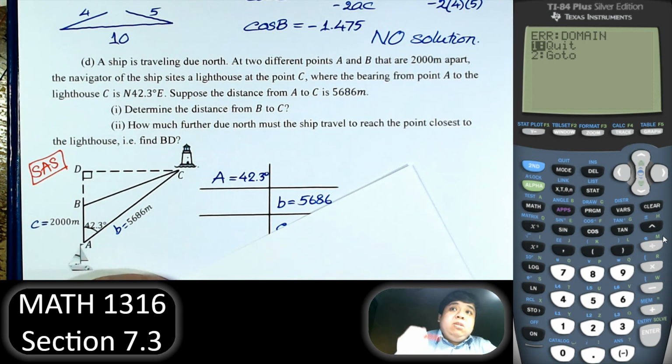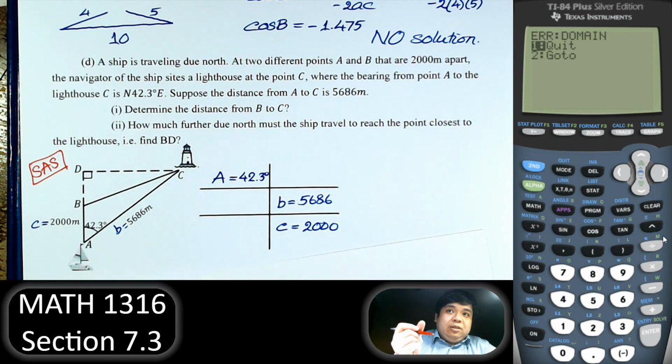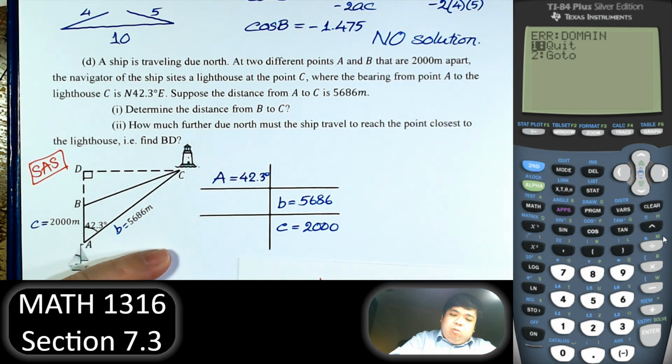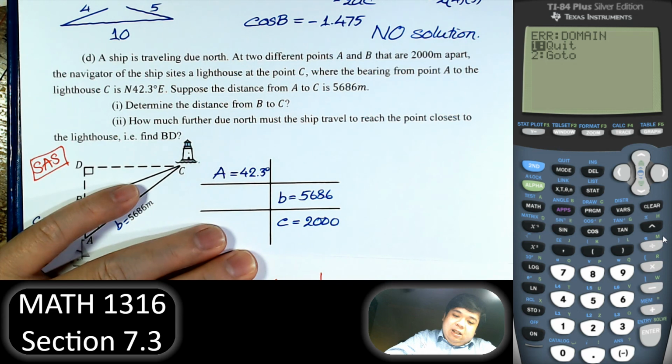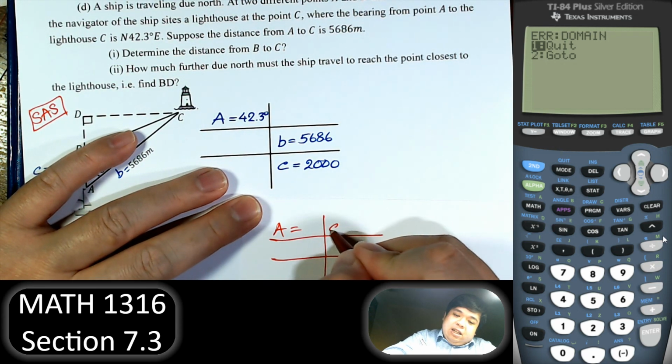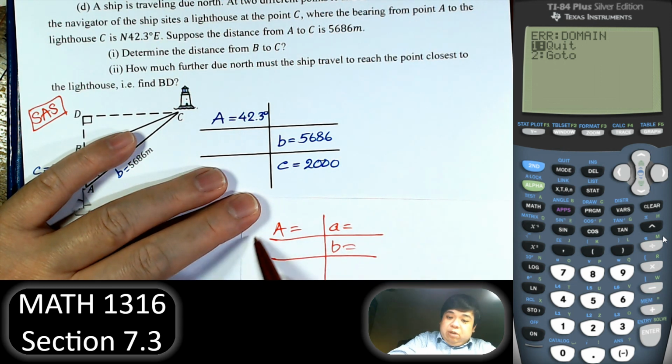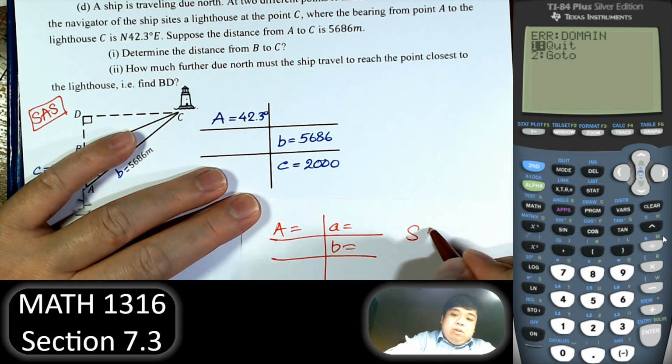Besides, the ambiguous case has to have an angle and the side opposite to each other. So without drawing the triangle, if I have angle A and side A together with side B, I know for sure this is going to be side-angle-side.